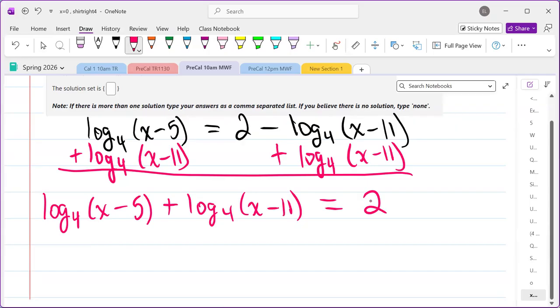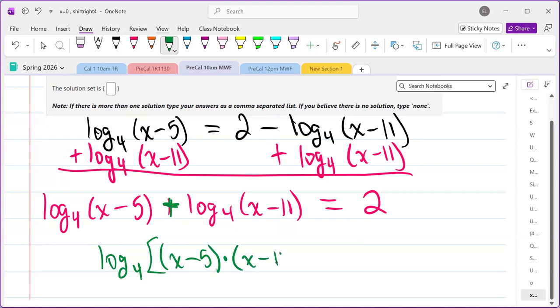And this is equal to 2. So when I add two logarithms with the same base, I can combine them into a single logarithm, so it'll still be log base 4. But then I'm going to multiply the inside, so it'll be x minus 5 times x minus 11. And that's all inside the logarithm.